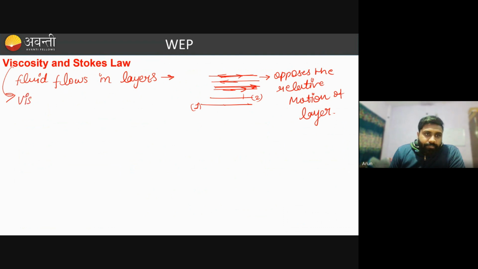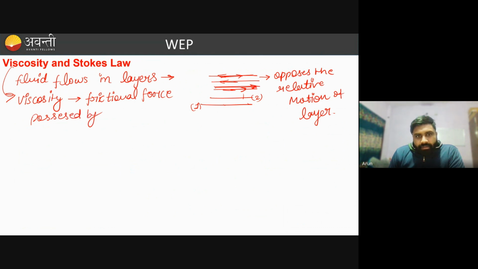So viscosity you can consider as the frictional force possessed by the different layers of fluid. Okay.